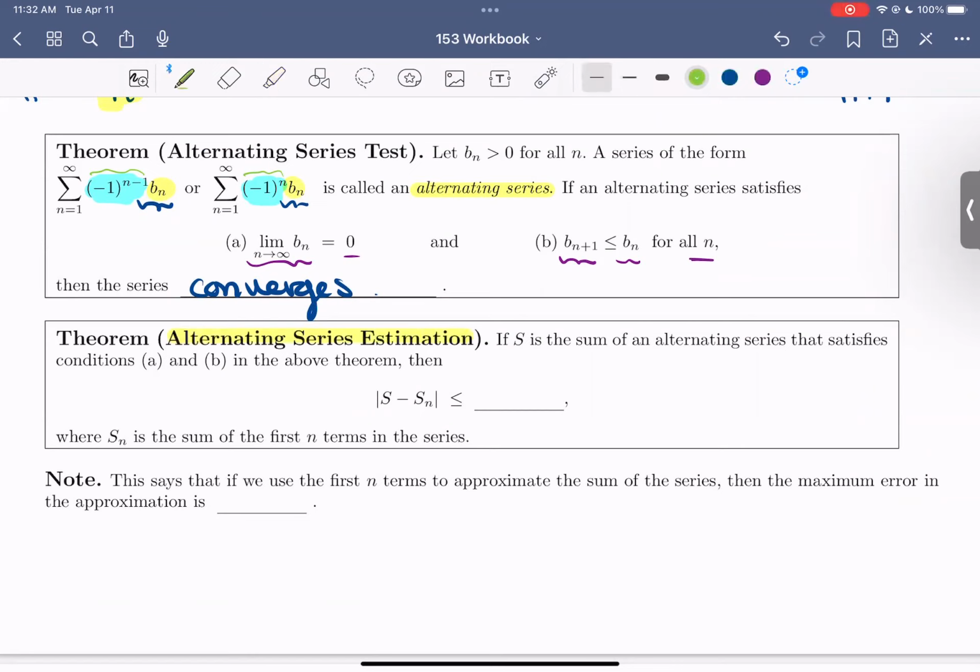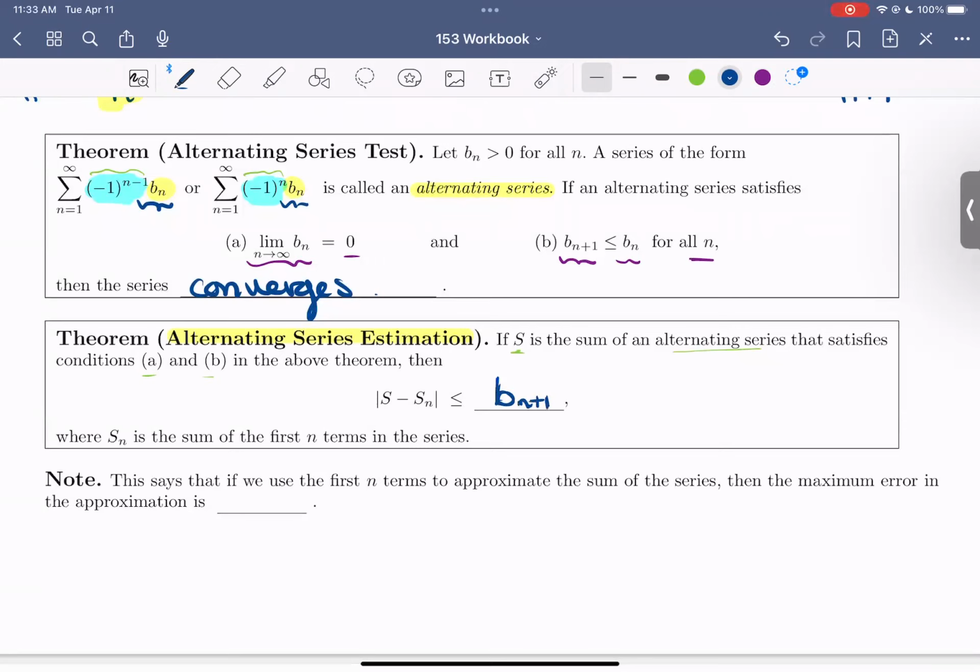It says if S is the sum of an alternating series, so that number that the series converges to, that satisfies the conditions A and B in the above theorem, meaning our series converges to some S, then the difference between S and the partial sum of n terms can be calculated, not specifically, but we can bound it. And it's going to be bounded by the (n+1)th term in our series.